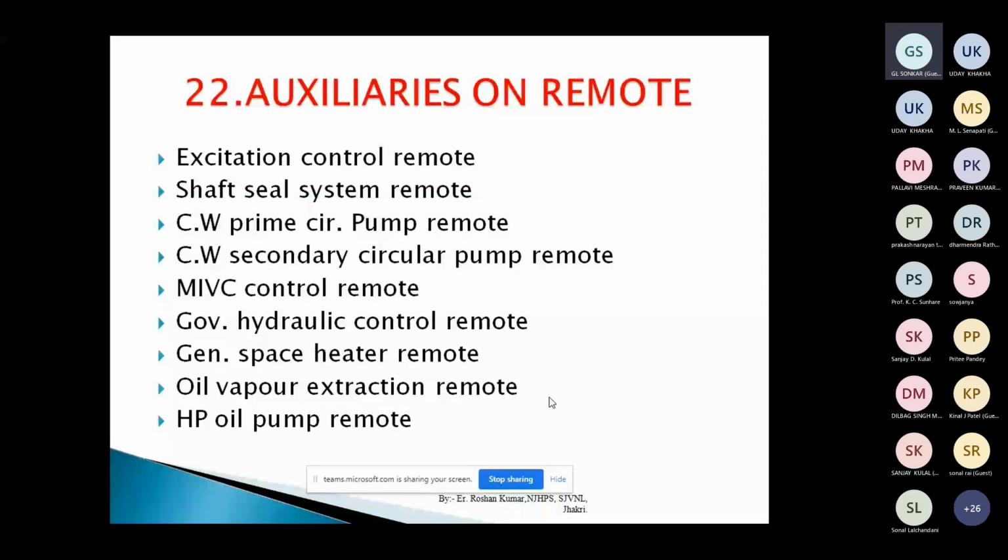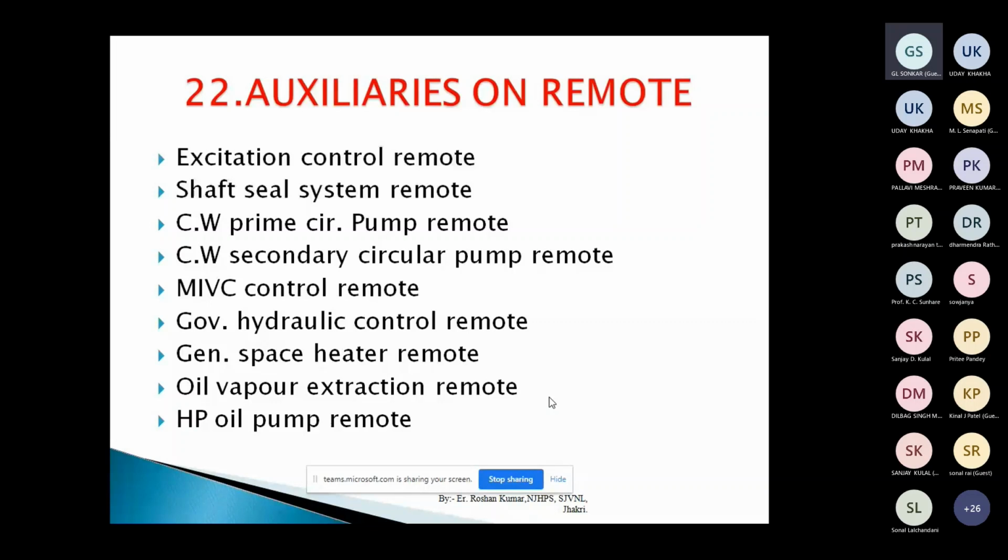We'll discuss the cooling water system. It is used for cooling of the stator as well as the bearings. Then space heater. What is the use of space heater? Actually, when your machine is not operating, this is a hydro turbine, a water turbine. So because water is involved, there is always humidity.